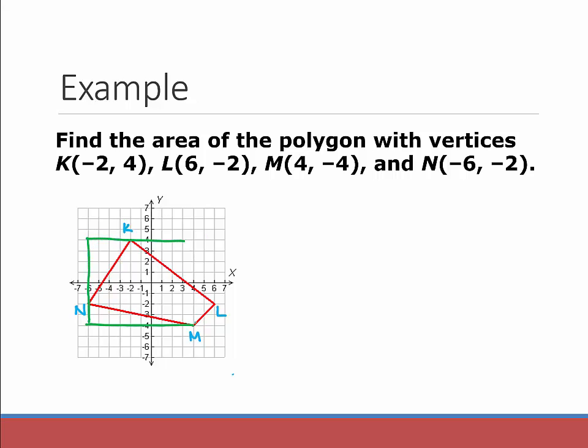And if we make a shape that connects all of the vertices, we end up making 4 triangles that we can subtract out. So the area of this whole rectangle is base times height. So my height is 1, 2, 3, 4, 5, 6, 7, 8.